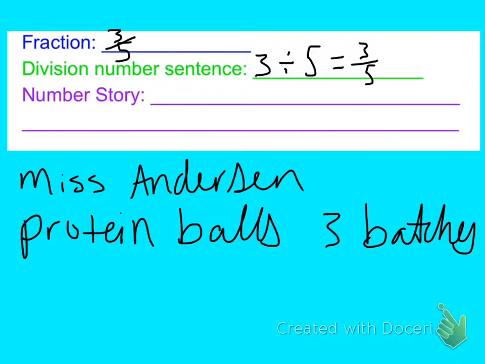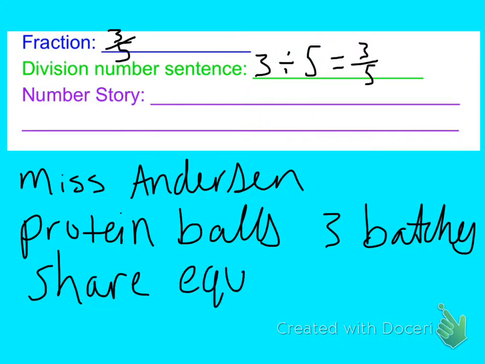Okay. And then the last part is to go ahead and start writing your number story. So mine's going to be Miss Anderson made 3 batches of protein balls. She shared them equally between how many people? My denominator in my story says 5, so she's going to share them equally.